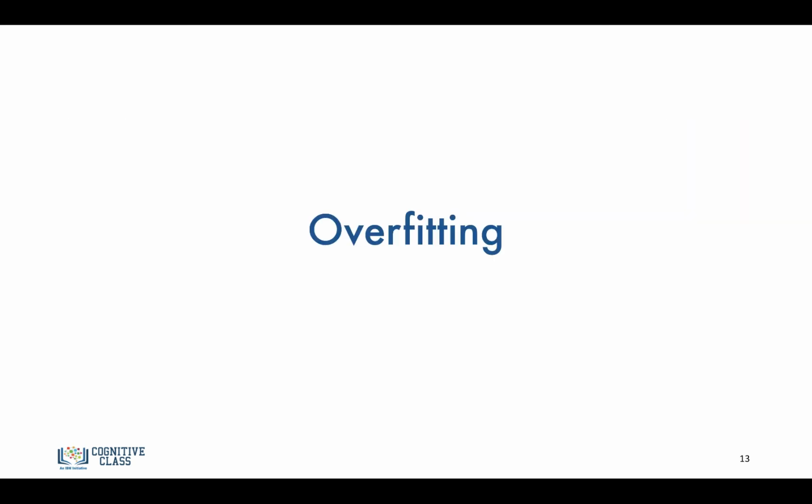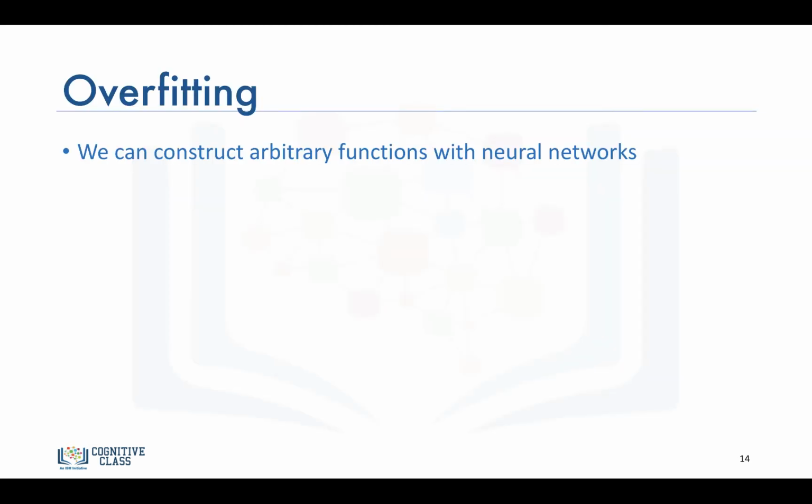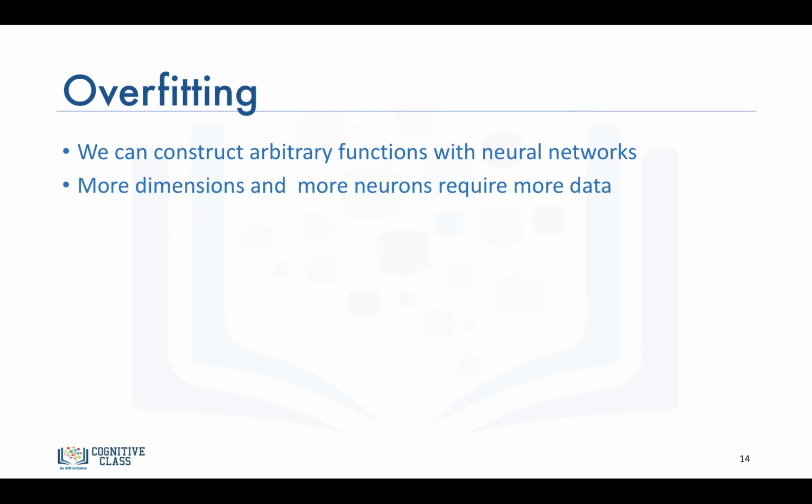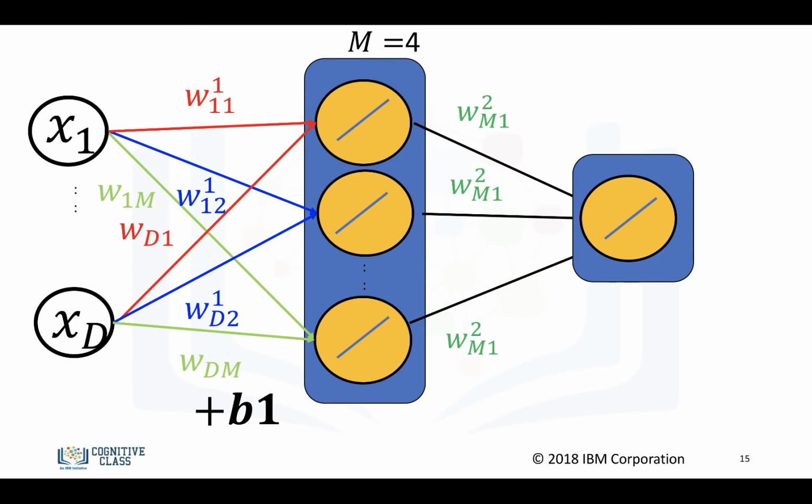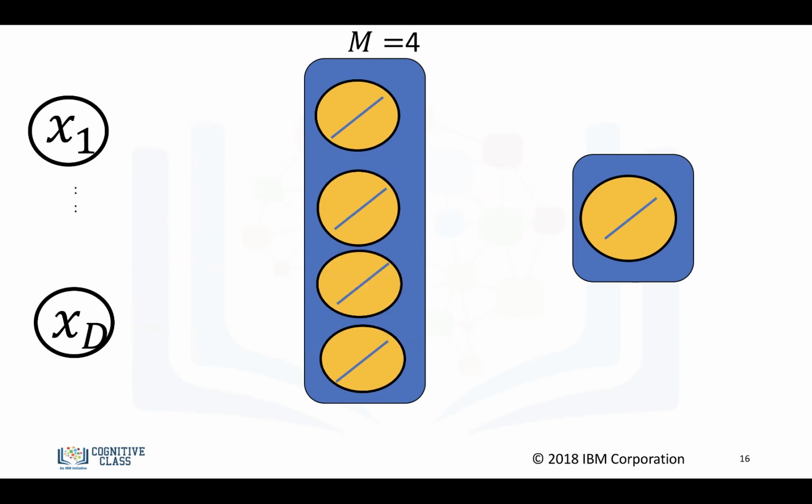So the problem with adding more neurons is overfitting. As we discussed, we can construct an arbitrary function with a neural network of arbitrary dimensions. But more dimensions and more neurons require more data. And we also have the problem of noise. So here's our standard neural network with m equals 4. And let's make it a little easier to see and get rid of the parameters.